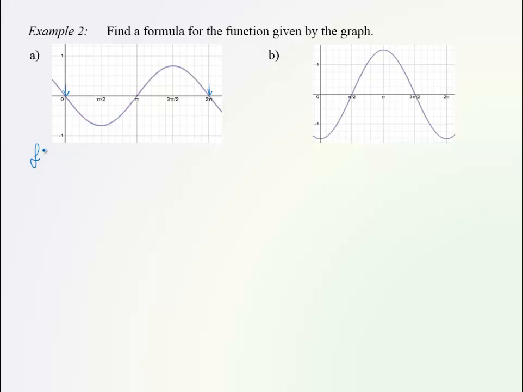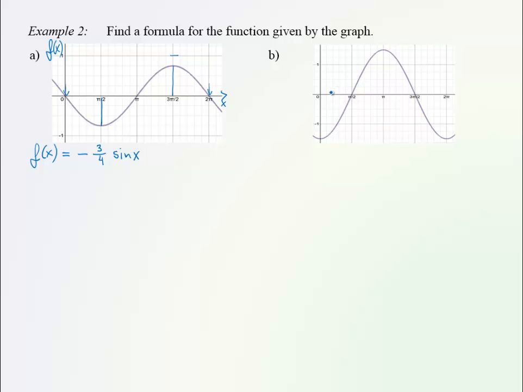So this function, let's call it f of x, will have to have a negative in front because of the flip. It will have something to do with sine of x. We just need to look at the amplitude. And to find the amplitude, we can look at this distance or we can look at that one. And this distance looks like it's 3/4 because up to here it's 1 and this is 3/4. So our function should be negative 3/4 sine x.